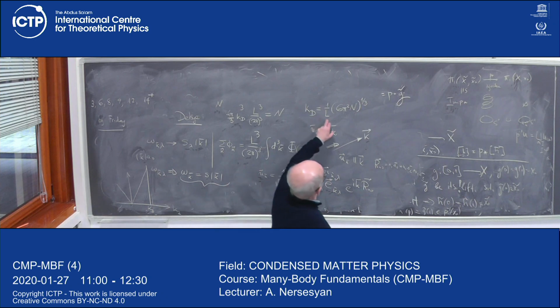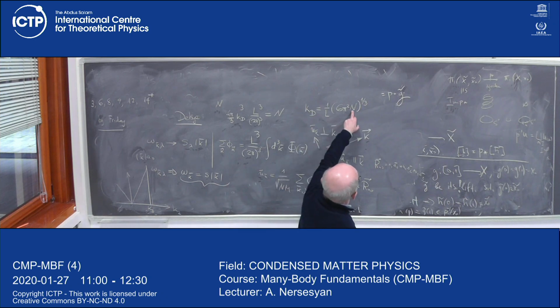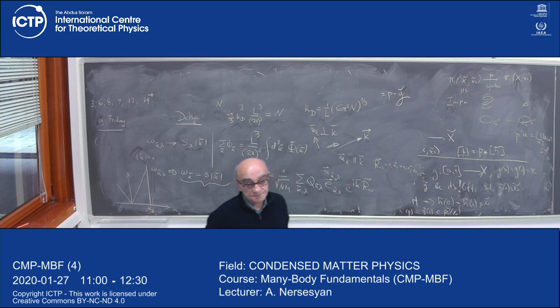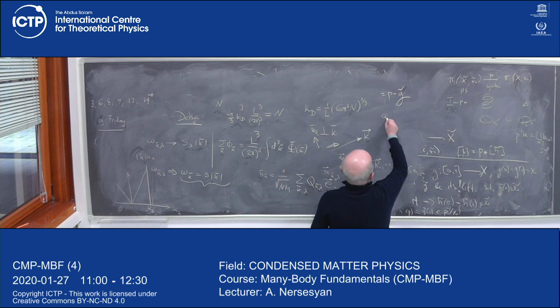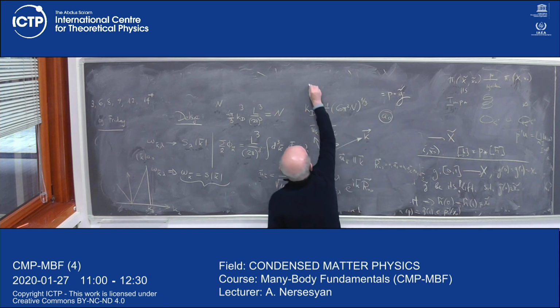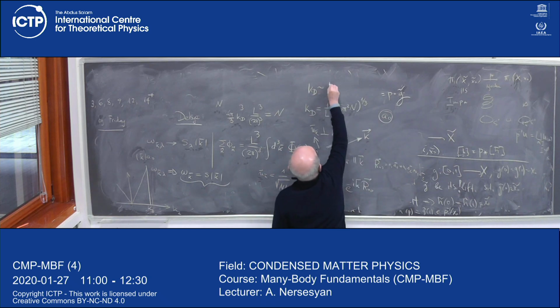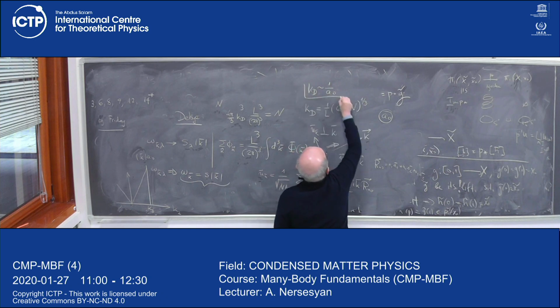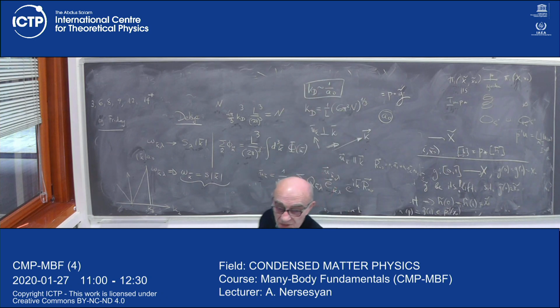Indeed, when I push it inside, what I have is N divided by L cubed, which is nothing but the density. Right. And if a0 is the lattice constant, then it is clear that kD is inversely proportional to a0. That's all what we need. The number I'm not interested in, whether the factor is square root of 2, or pi squared divided by 8, doesn't matter.